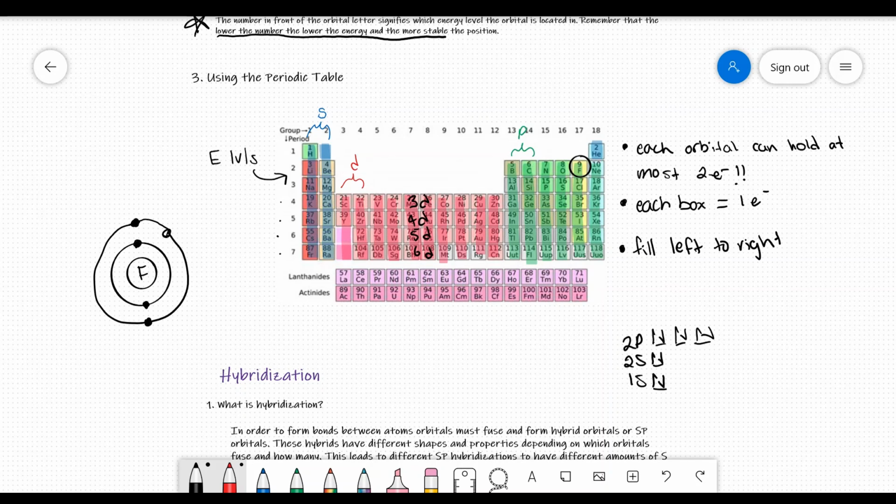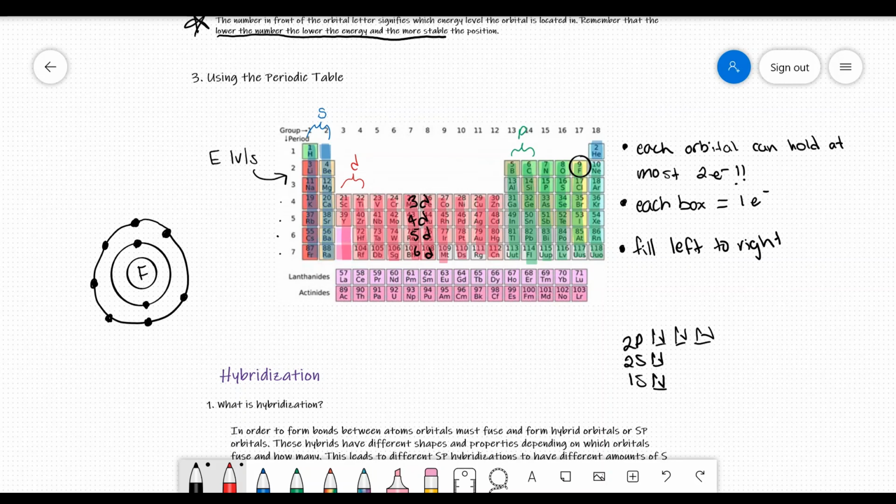1, 2, 3, 4, 5, 6, 7. So we know it's going to have 7 because if we count across, we have 1, 2, 3, 4, 5, 6, 7. Okay.